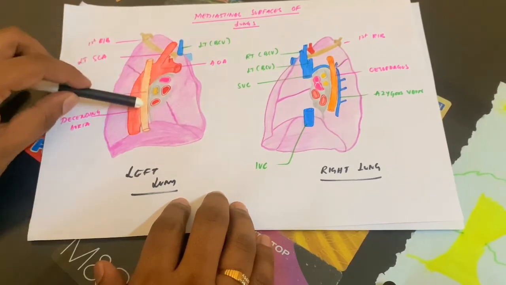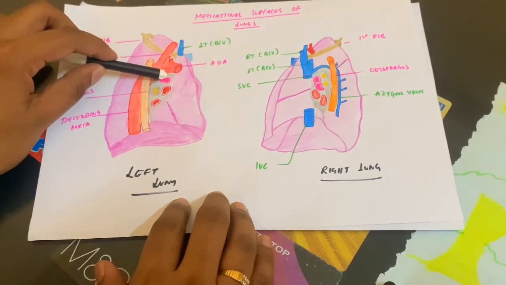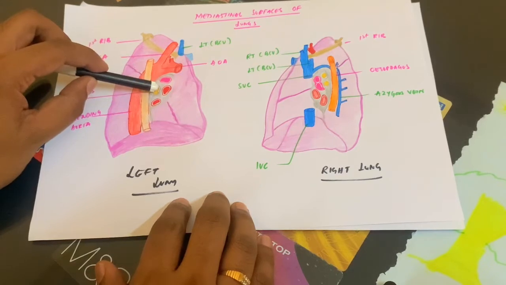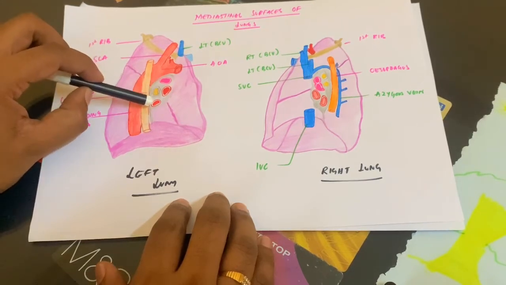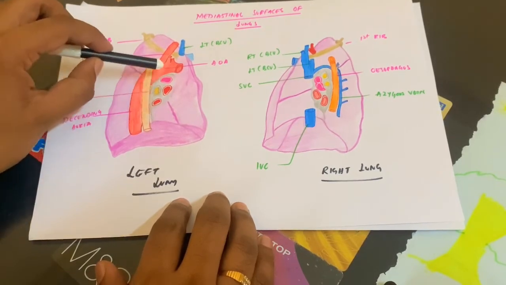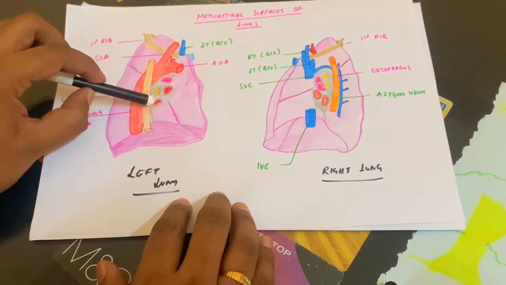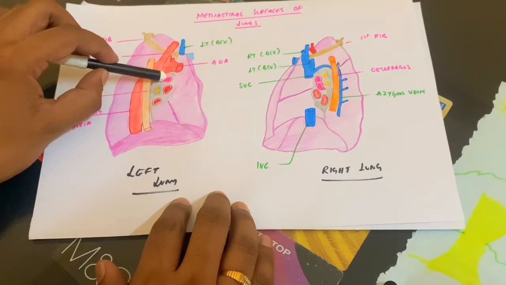So from above downwards, first we have the pulmonary artery, then the principal bronchus, then the pulmonary vein. So artery, bronchus, vein: these are the structures arranged at the hilum in the left lung from above downwards.